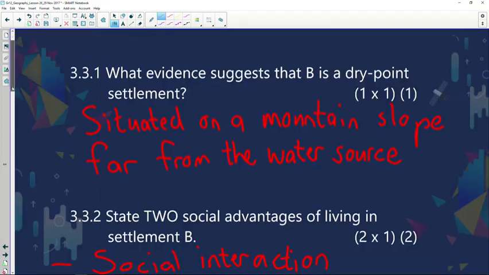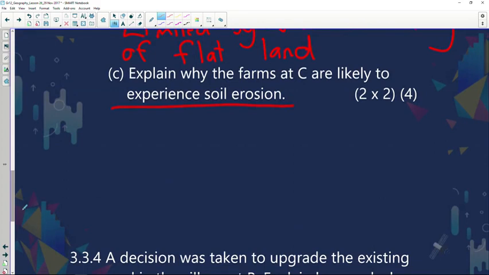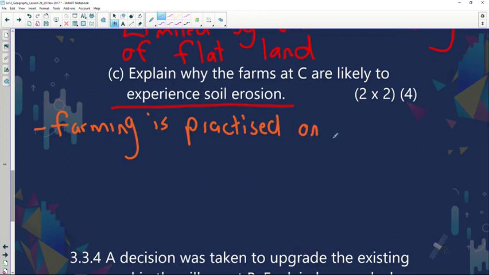So let's quickly go and answer that question over there. Explain why the farms at C are likely to experience soil erosion. And I've mentioned farming is practiced on a steep slope. Okay.